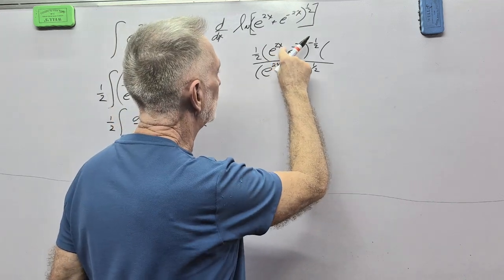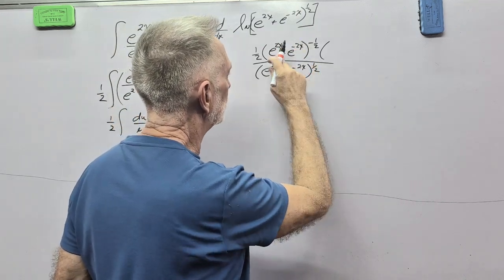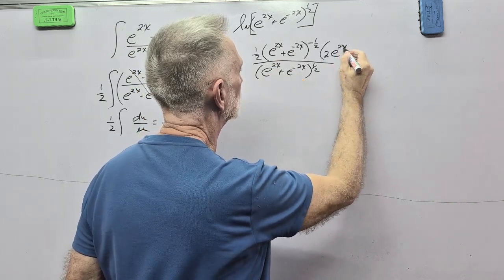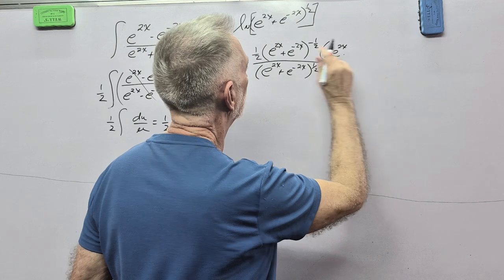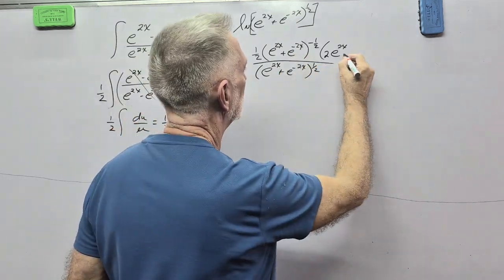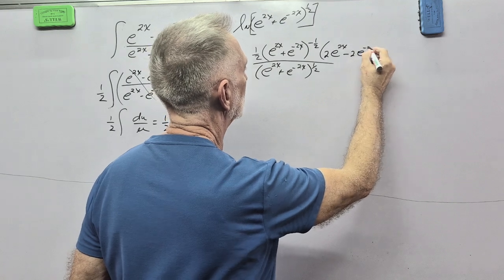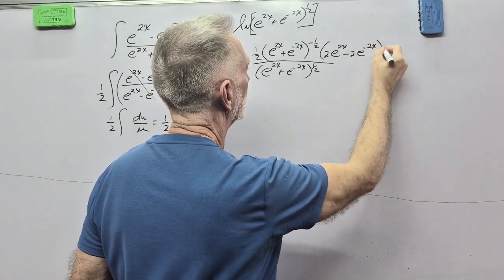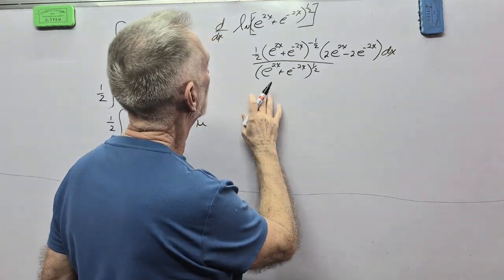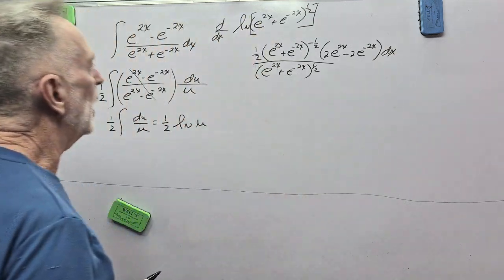So I would have e to the 2x times the derivative of 2x, which is 2, so 2e to the 2x. Then the derivative of e to the minus 2x is minus 2e to the minus 2x, all that dx. Wow.